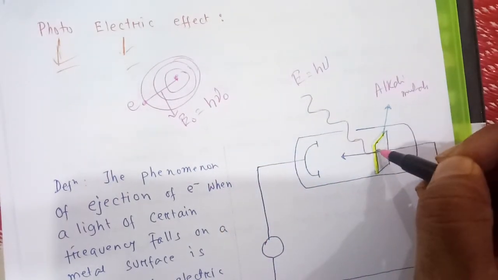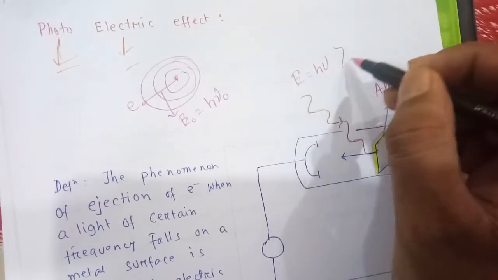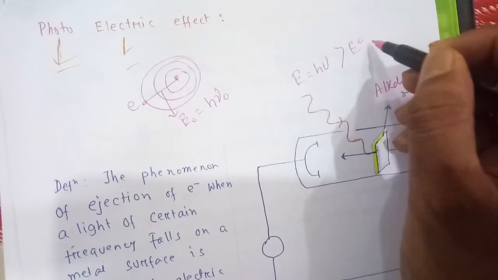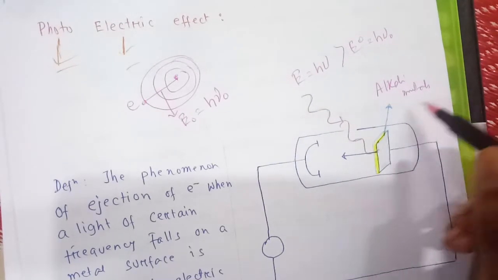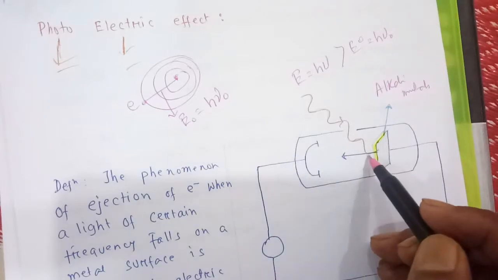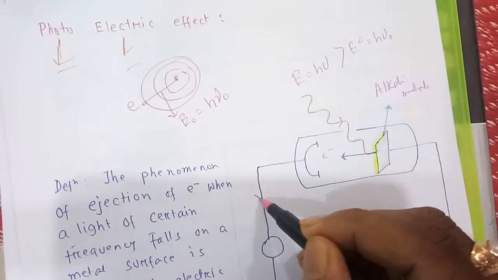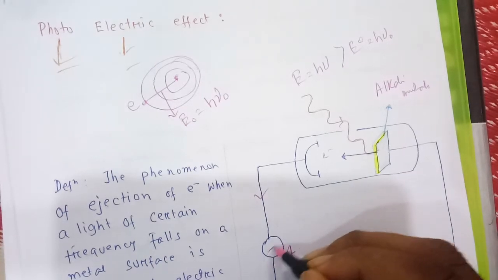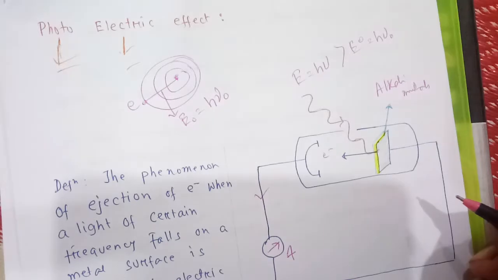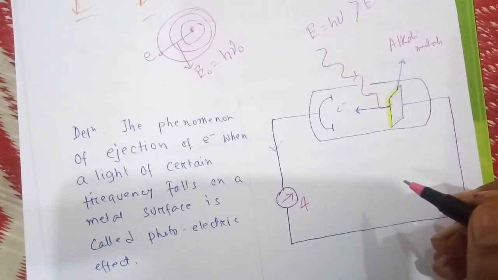The energy with which we strike the metal surface is greater than E naught. Then electrons come out from this metal surface and run via this wire, and if you have an ammeter, you will get a deflection in the ammeter. This type of phenomenon is called the photoelectric effect.